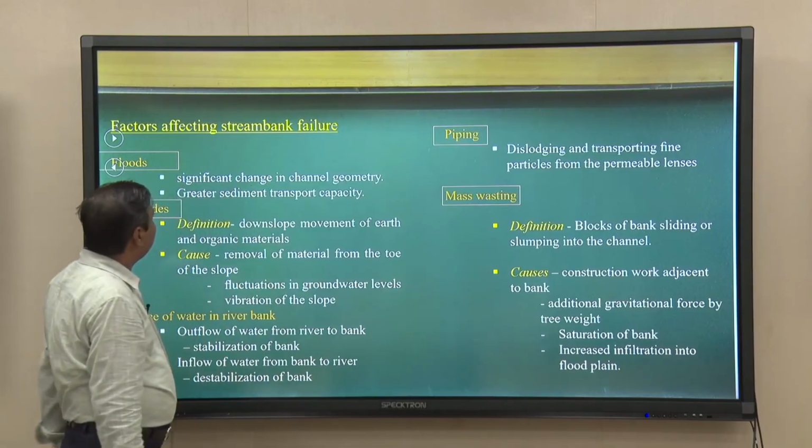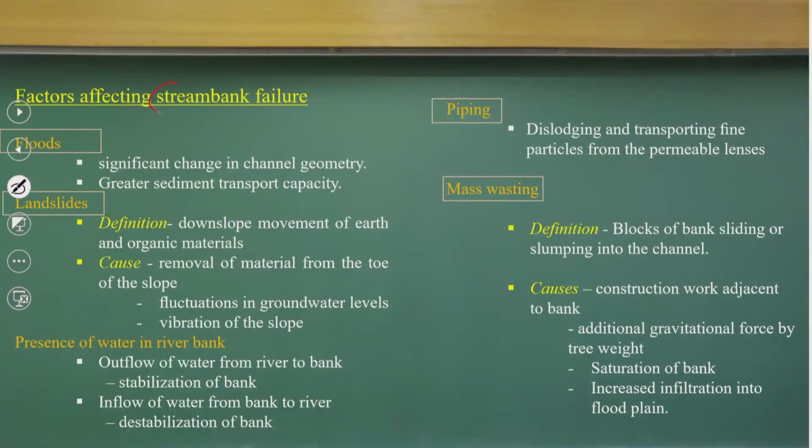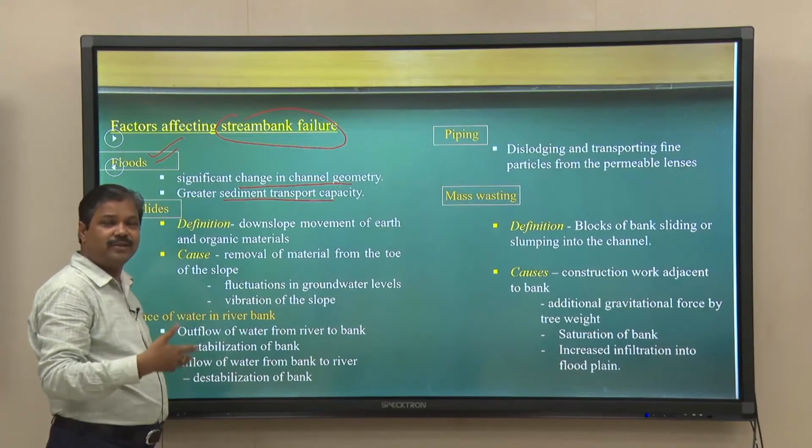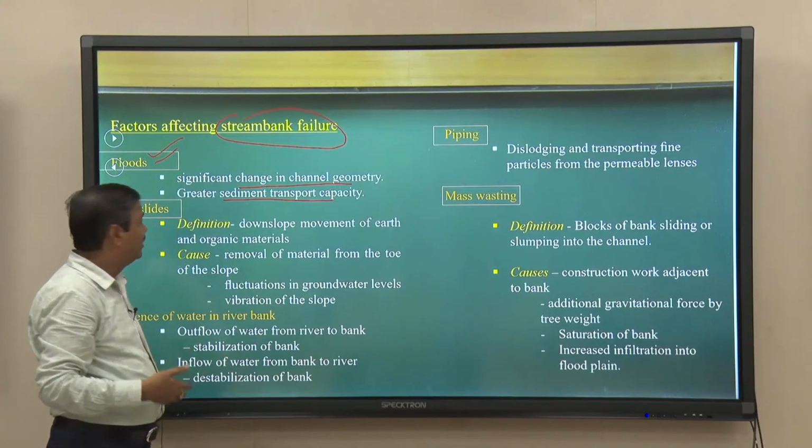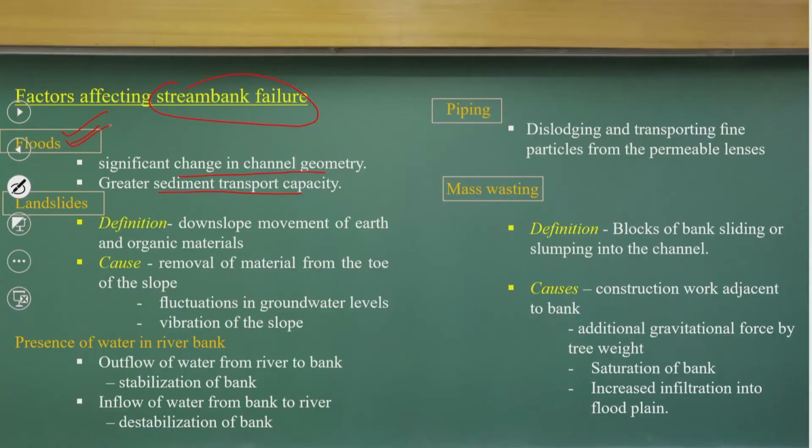Now, if you look at the factors affecting stream bank failure, as I discussed on river bank processes, we should significantly understand the floods. How significantly they change the channel geometry. We should understand the sediment transport capacity during high flood events. That is the period when the bank erosion rate will be much higher. So, we should try to understand the flood characteristics which affect the channel geometry and also give a higher sediment transport capacity.